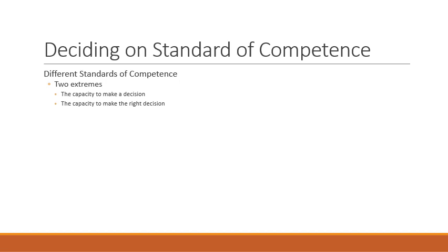Competence should be at least possible when it comes to making the wrong decision, right? So even if there is a decision that is incorrect, one may nevertheless be understood as being competent to make that decision. So the gist of this is that the right answer is going to be somewhere in between these two extremes.